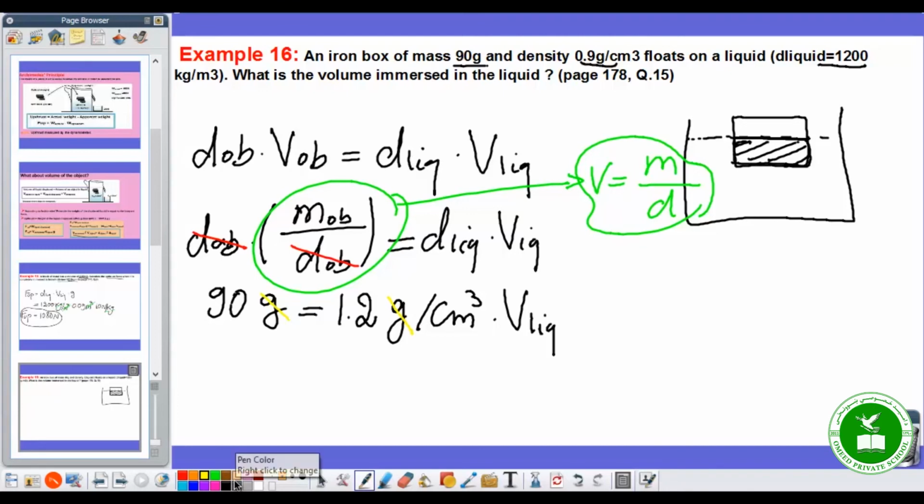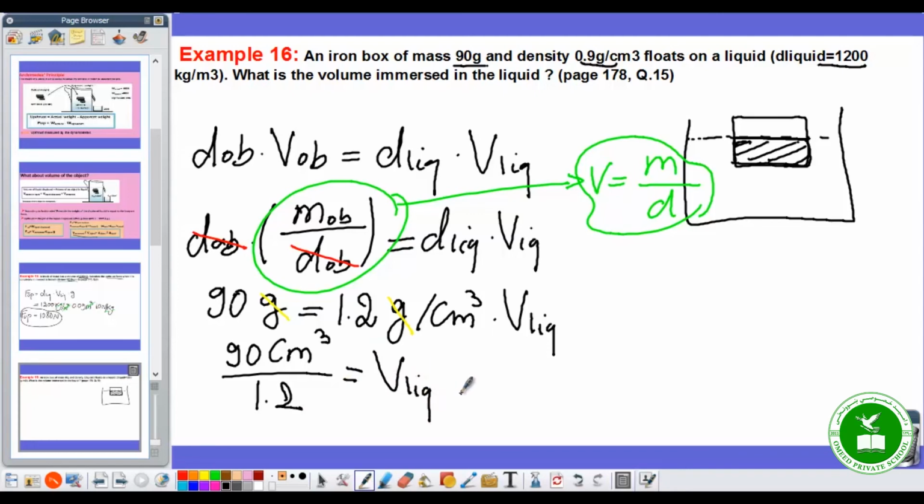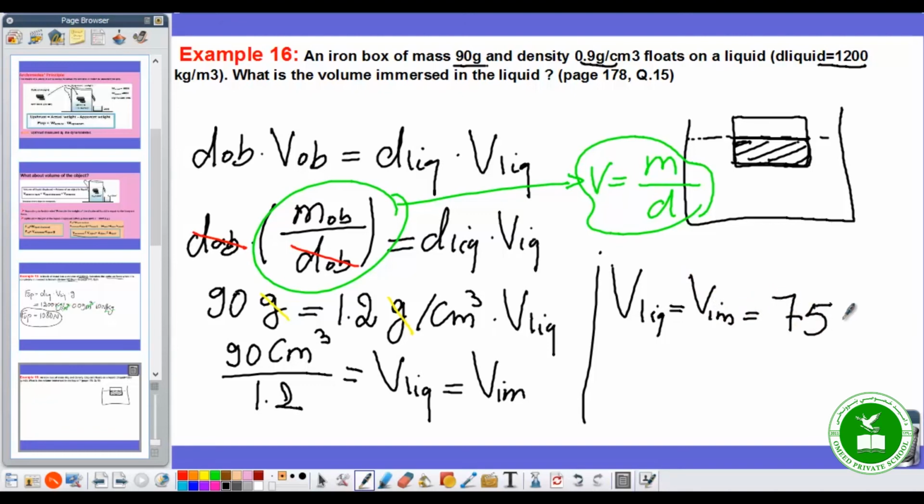Next, 90 centimeter cube divided by 1.2 is equal to volume of displaced liquid, which should be equal to volume of the immersed portion of the object. So V immersed is 90 divided by 1.2, which is 75 centimeter cube. This is how we calculate the volume.